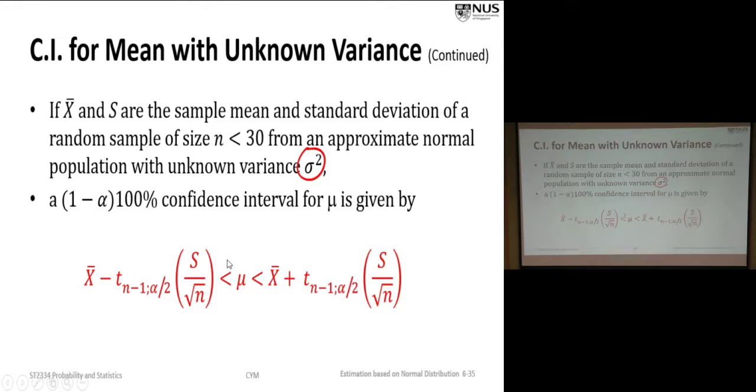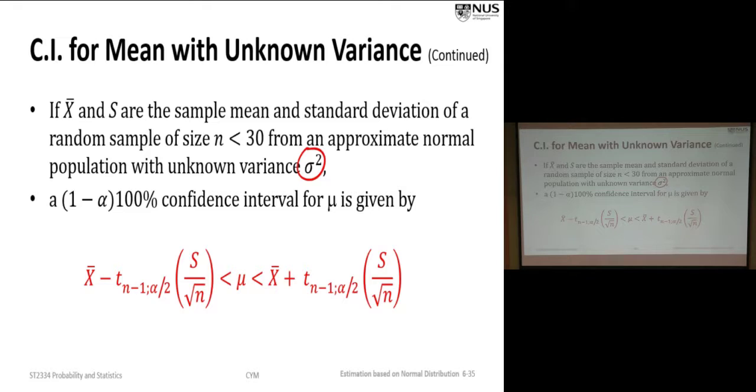So when to use this formula? When sigma is not known. But in order to use this formula, you need the population to follow a normal distribution. Okay? I also mentioned that this is for small samples, small sample size. But strictly speaking, you can also use it for big samples, that means n is big, like bigger than 30. You can still use this one.